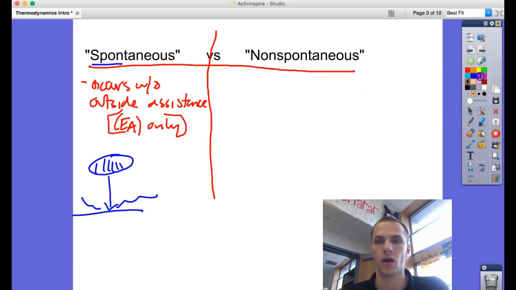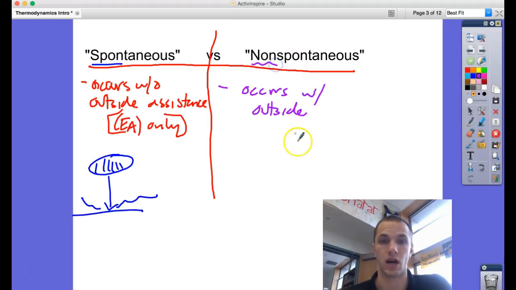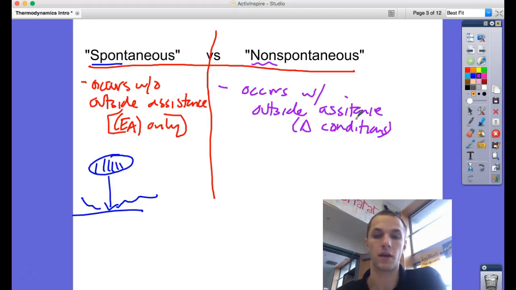Okay? On the other hand, a non-spontaneous process, okay, occurs with outside assistance. Just think about that prefix non, meaning not. Or another way we could say that is a change in conditions. If you change something about the system, that might make the reaction occur. Okay.